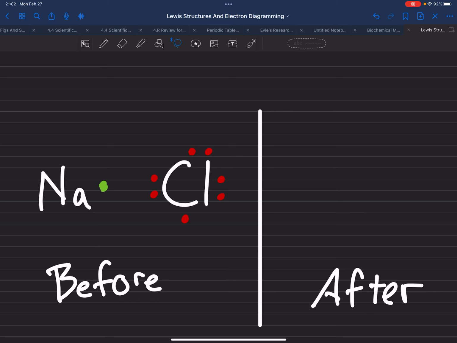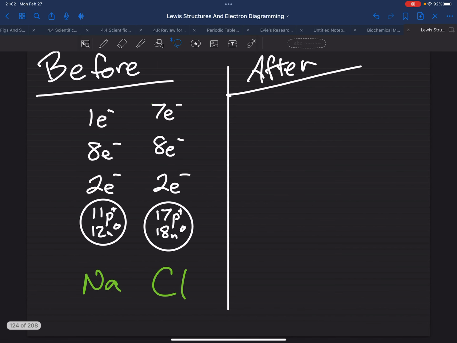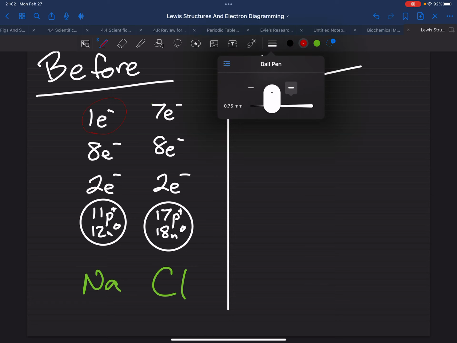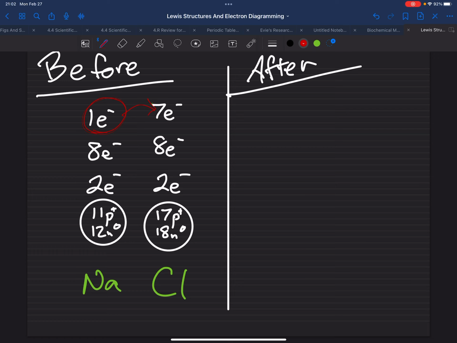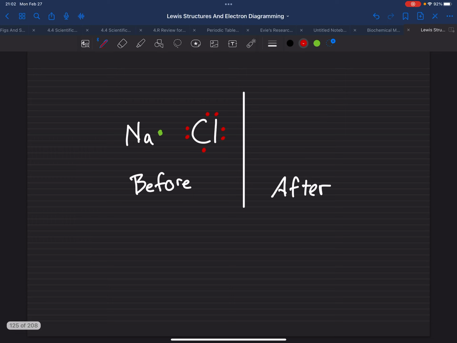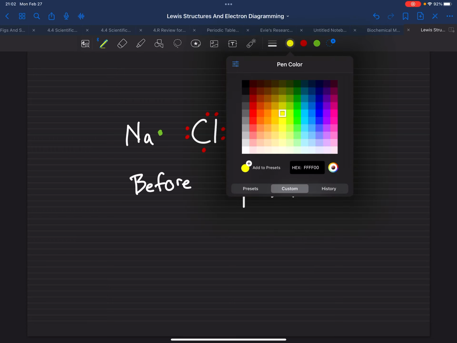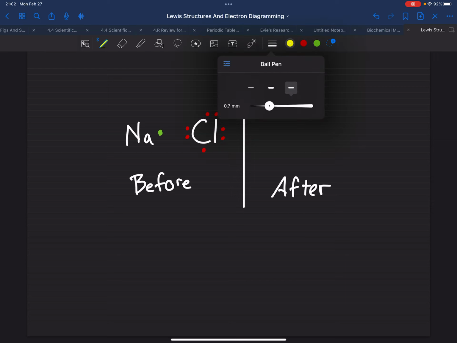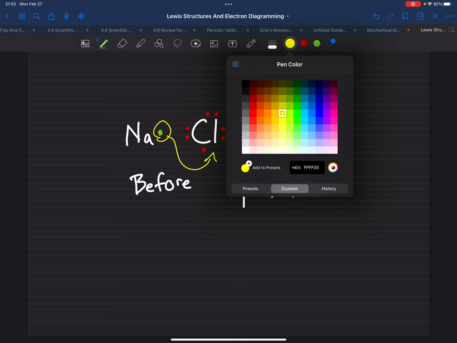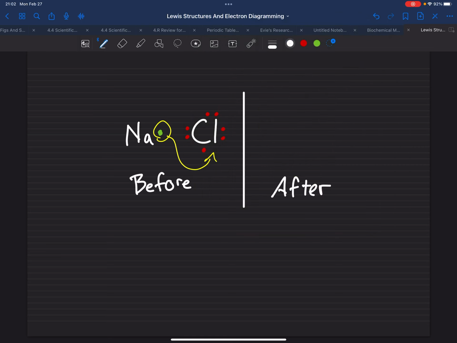So much like we saw here with the transfer of electron, what we're going to see is the transfer of electron, but through a much simpler method. The diagram that we're going to look at after that is going to look like this.